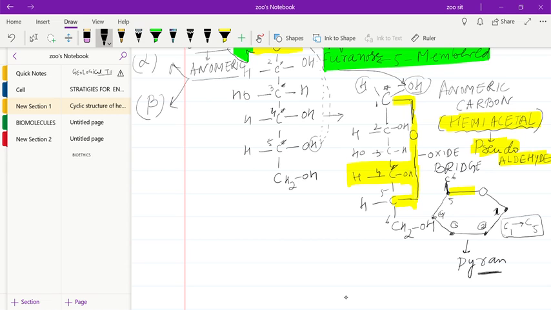So I again would like to say that this is formed by the formation of a bond between carbon number 1 and carbon number 5 by an oxide bridge, and subsequent conversion of the aldehyde into hemiacetal.